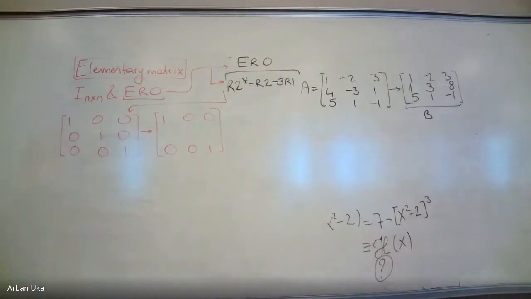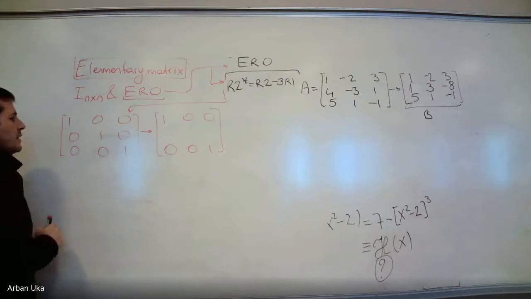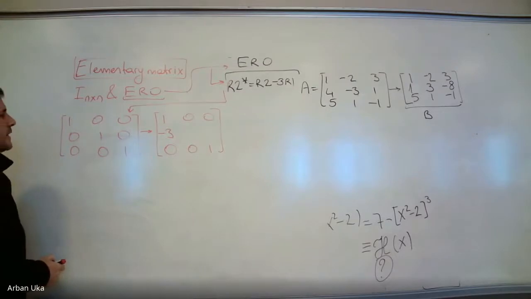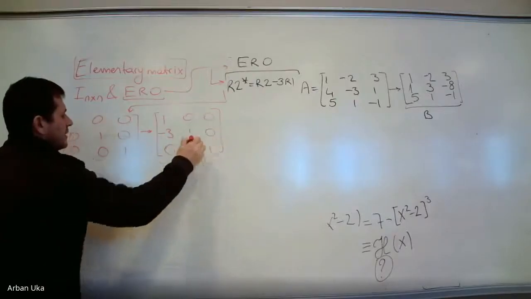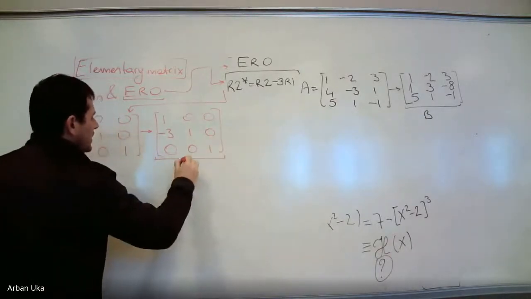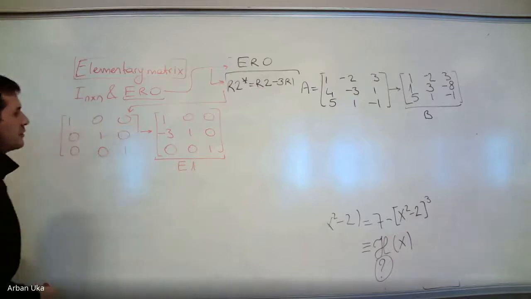So what about the second row? We get minus 3, 1, 0, right? Let this be the elementary matrix E1.